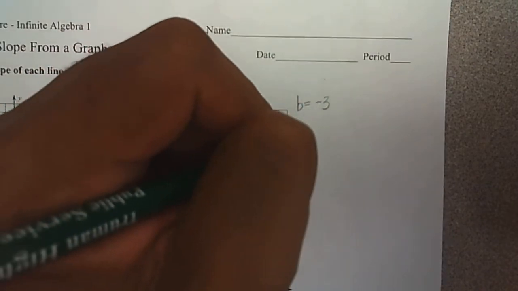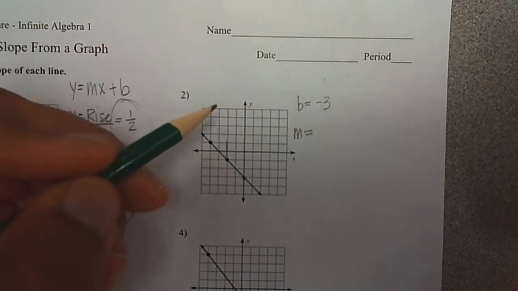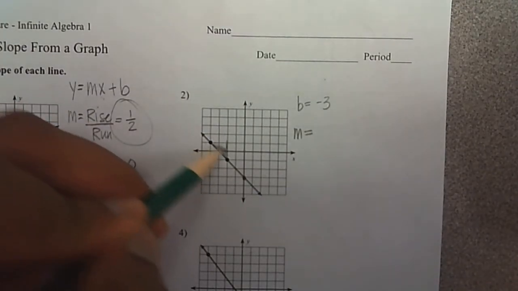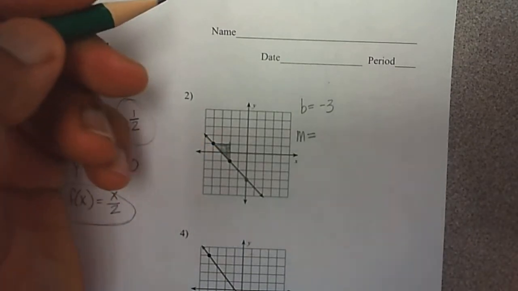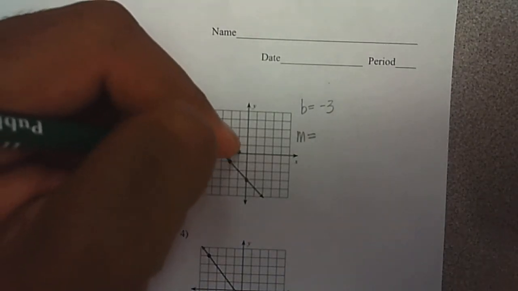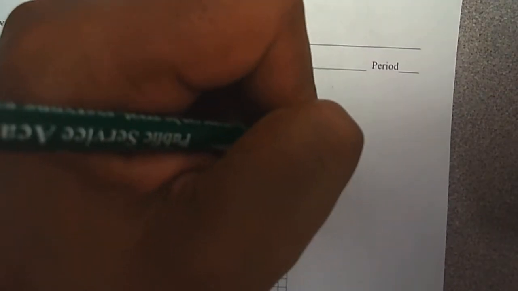And then my slope equals, so I'm going to use their points. And this is going to be up 2, back 2. So my rise is up 2, my run is back 2. That's going to be -1.